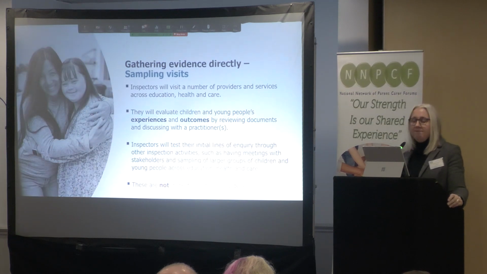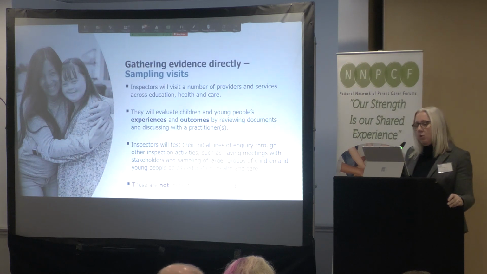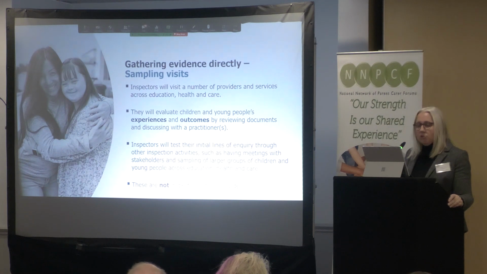In terms of sampling visits, that's where we get that opportunity to go out and visit not just providers. In education, we'll be going to special schools, nurseries, colleges, alternative provision settings, and also specialist services. For health, they'll look at the assessment stage, intervention, transition stages of health support, looking at universal, targeted and specialist health teams, speech and language therapy services, for example, children and young people's mental health services.